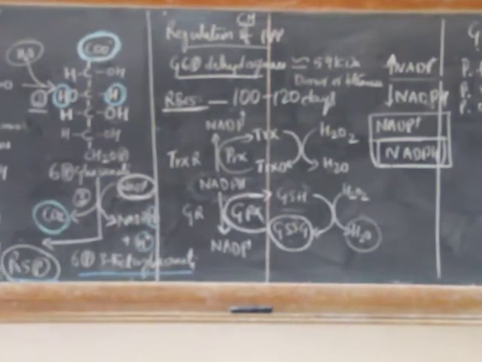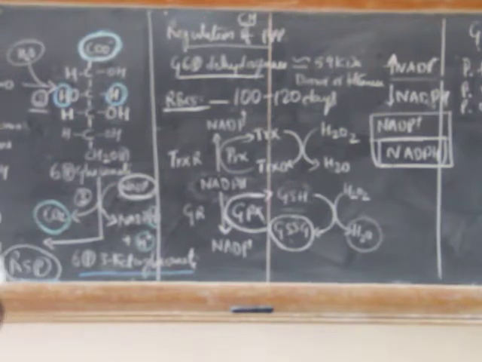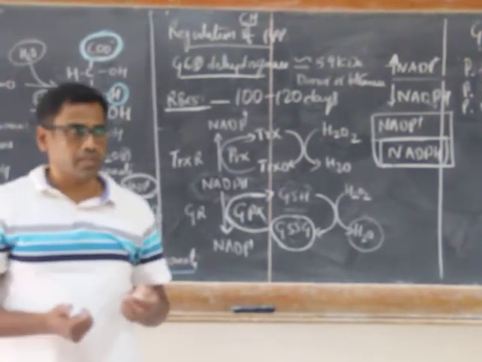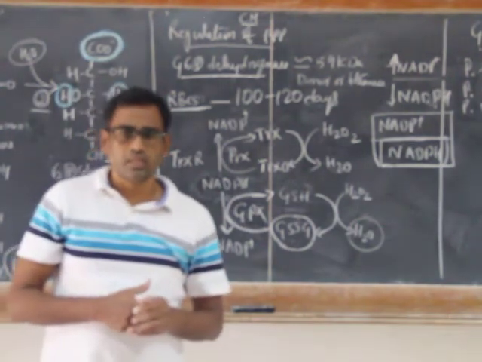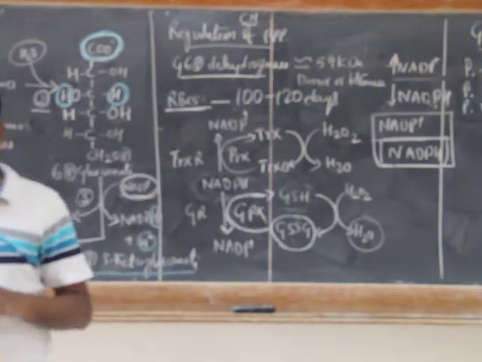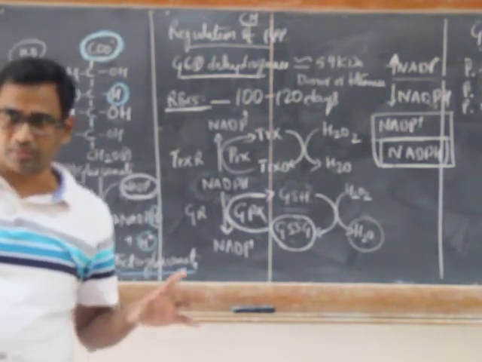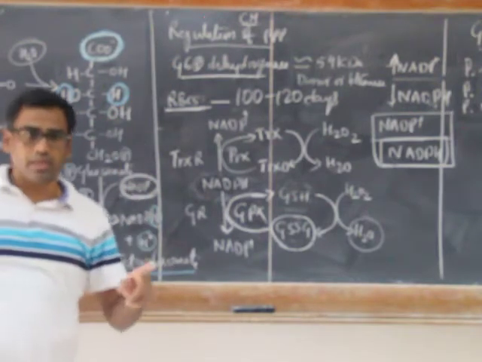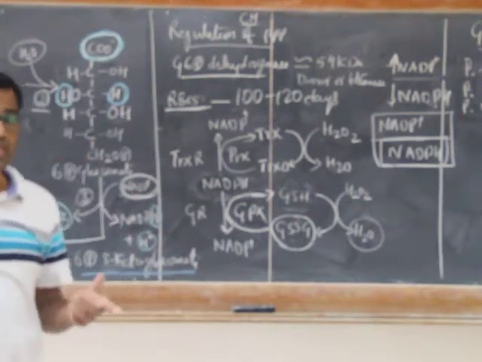As we discussed regulation of glycolysis, regulation of TCA cycle, regulation of pyruvate dehydrogenase complex, you know that one or two rate limiting steps regulate the metabolic pathway. Similarly, pentose phosphate pathway is also regulated by a rate limiting step. What is rate limiting step?